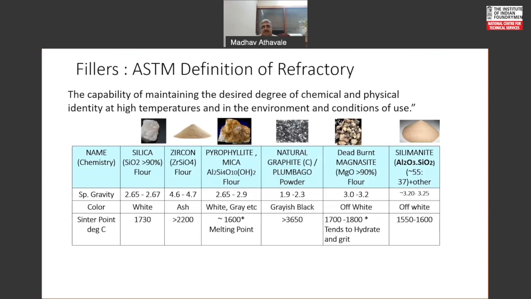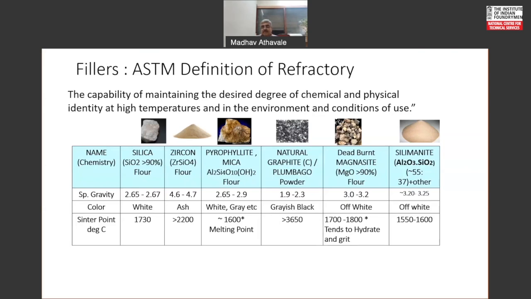Then natural graphite or plumbago, which is another very popular filler especially for iron casting. Dead burnt magnesite for manganese steel. Dead burnt is the most important thing, plus MgO content, because usually magnesite will have other minerals as well. So it is essential that magnesite has a high level of MgO, like 90%.